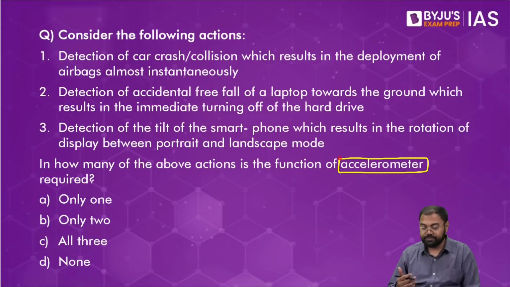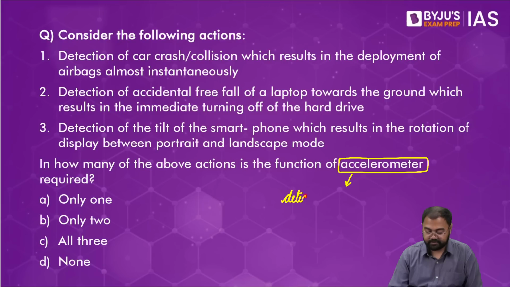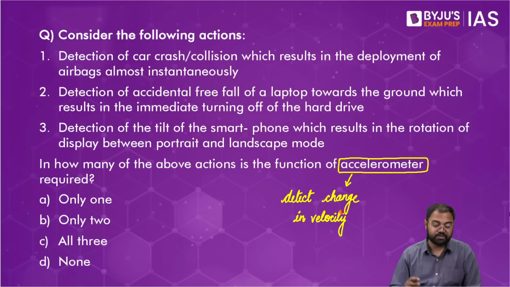Now, when it comes to accelerometer, what we basically know is that it will be useful whenever there is any kind of change in motion or change in direction, basically leading to a change in velocity. If there is something that can detect change in velocity, in each of these three cases this is what is happening.